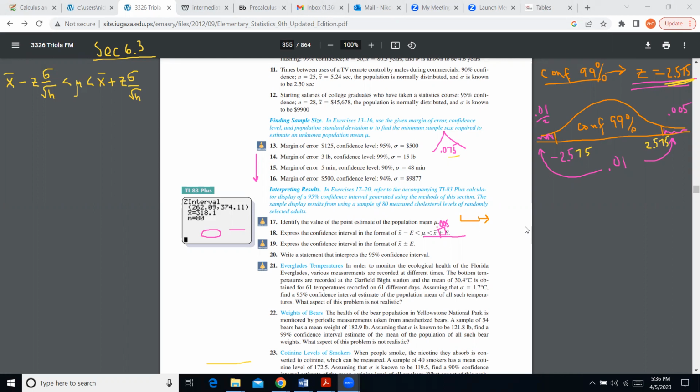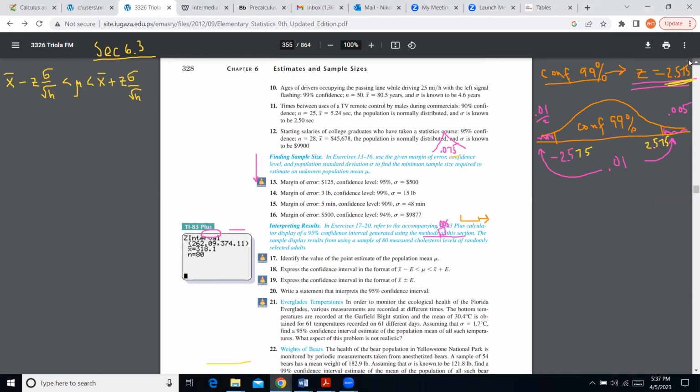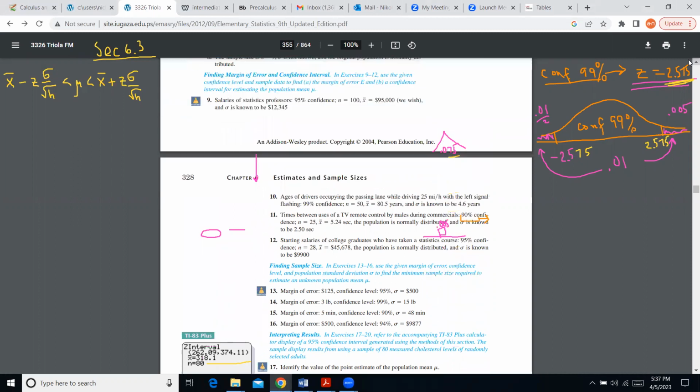So let me try to see what they want in this entire group of problems. Looks like it says confidence interval is what they want to find. So I'm going to try to find a confidence interval. I'm going to use exercise 11. Let me write it down below so we can see how we use this formula in a very straightforward way.